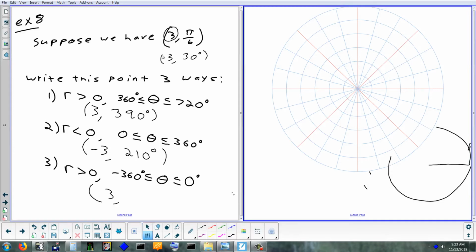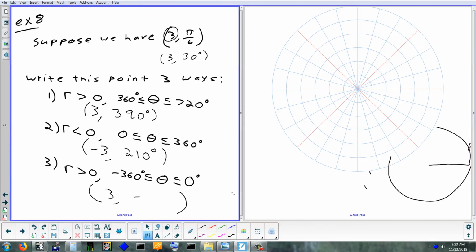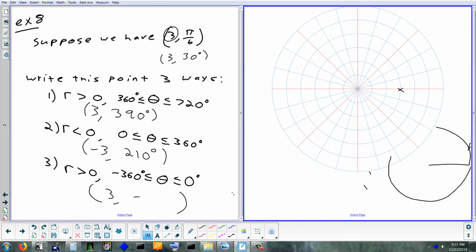And now the last way, well, I can start with the negative right away because they want a negative angle. And I'm starting 3 units to the right. Negative angles go clockwise. So, actually, I'm starting right here. So, we're going to go right and clockwise. So it's like I'm taking the long way to get all the way over.